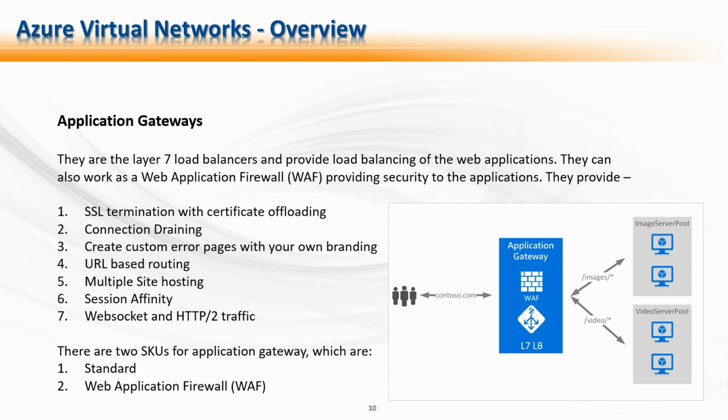The second is connection draining, which helps you achieve graceful removal of backend pool members if need be. Once enabled, the application gateway ensures that all the deregistering instances of the backend pool do not receive any new requests, allowing the existing requests to complete within the configured time limit.